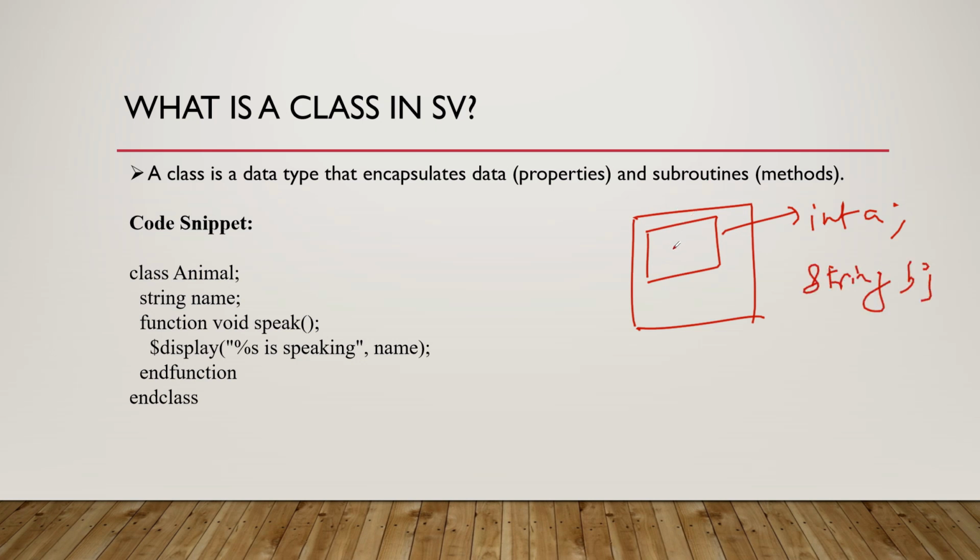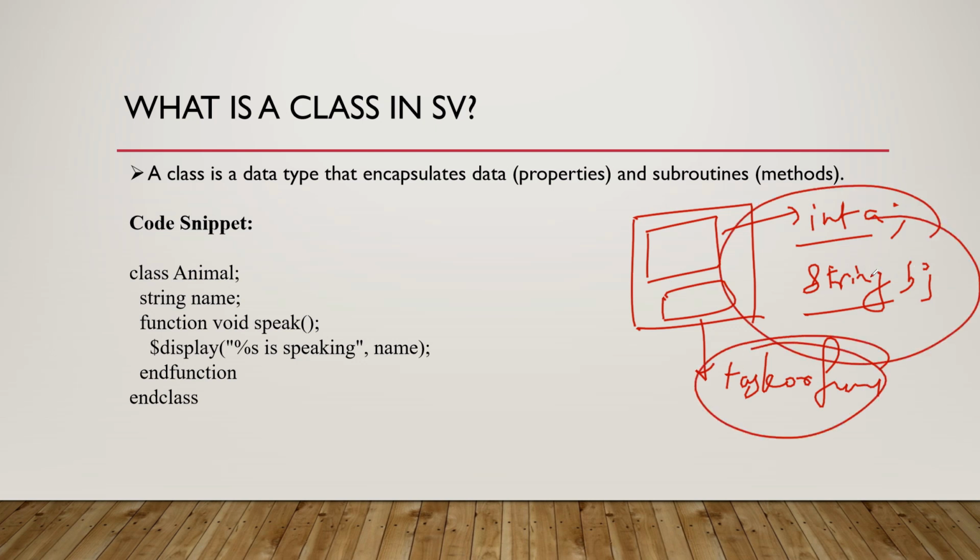Along with that you are writing some subroutines, or methods, which in layman language are tasks or functions. That is nothing but a class. A class is a data type which encapsulates data, or properties, and subroutines, which are methods. You can consider a class as a structure, whereas a structure is a static entity. Here your class is a dynamic entity.